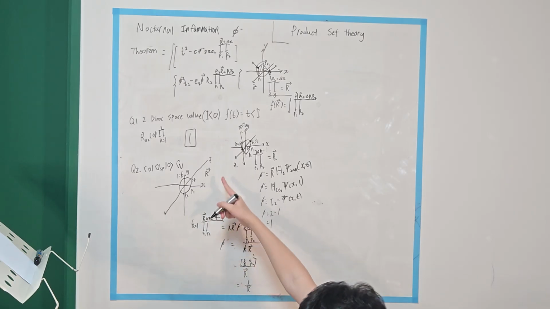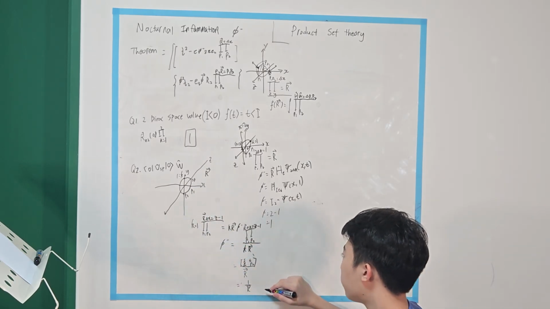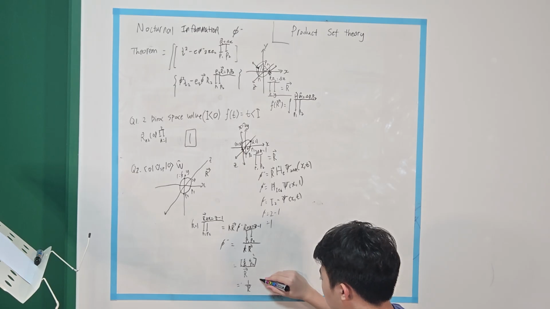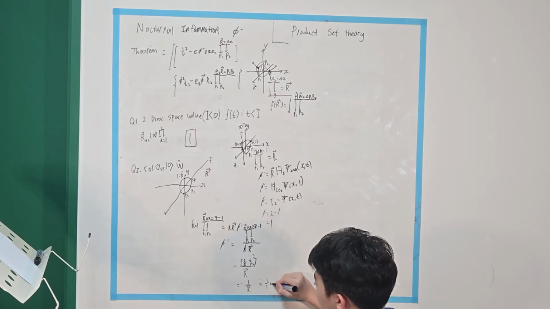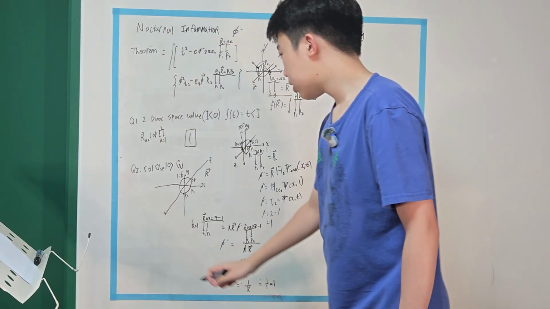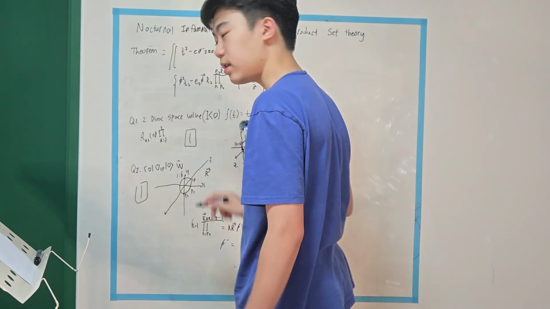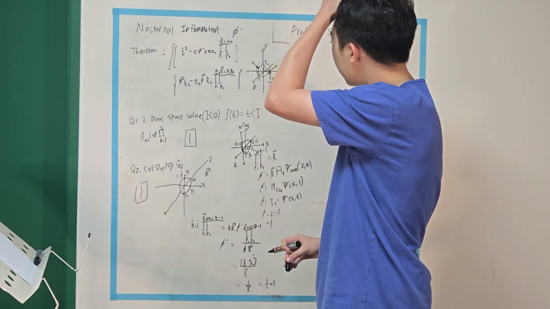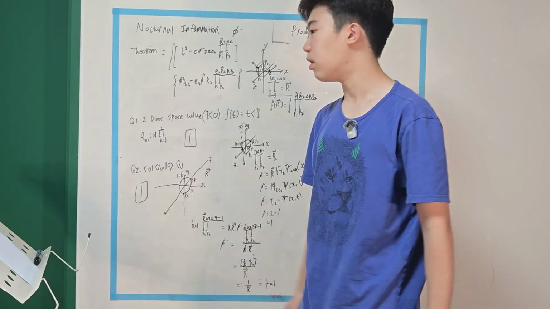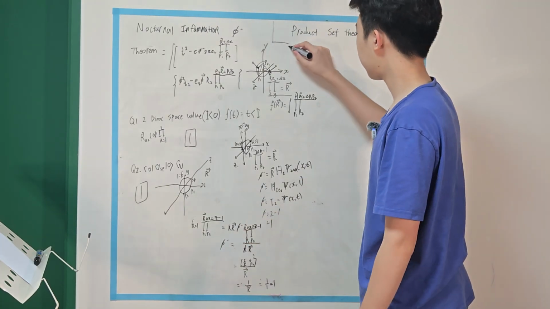But we know how fast r vector is going because k equals 1. So 1 over 1. So this one is 1. And by this, we know that this and this is the same value. And if we know that that's the same value, this leads us to the product set theory.